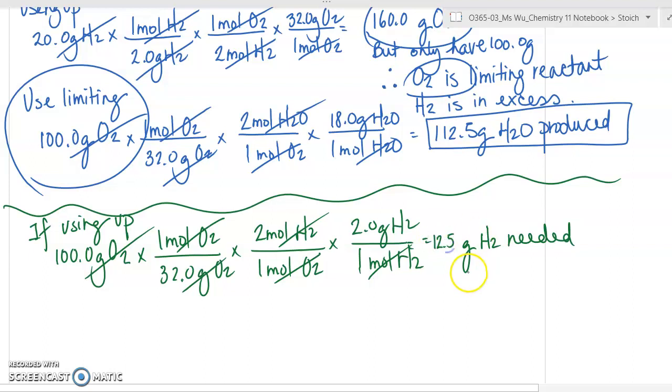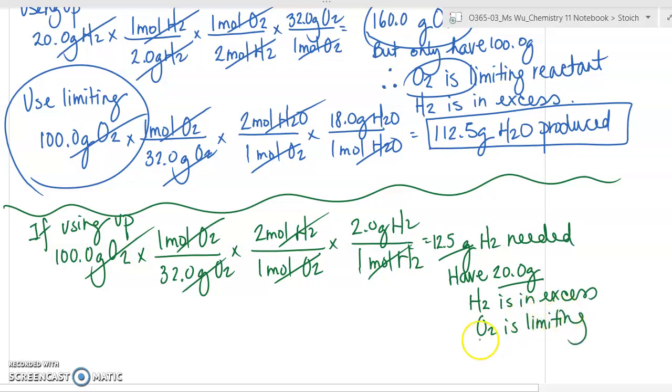Let's compare it to what we have. We were told we have 20 grams of hydrogen. We need 12.5. We have 20. So then we can say that hydrogen is in excess and oxygen is limiting. Hey, we still come to the same answer, that our oxygen is limiting.